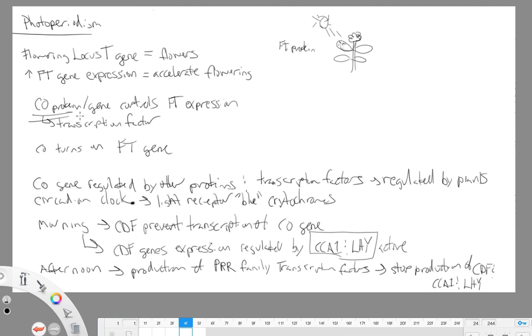However, there are a number of things that prevent this CO protein from being produced. In the mornings, there is the production of these CDF proteins, which are produced by 2 additional transcription factors, and they prevent the production of the CO protein. Now, in the afternoon, there's a different family of transcription factors that stop these CDF proteins and allow for this CO gene to turn on and start producing CO proteins.